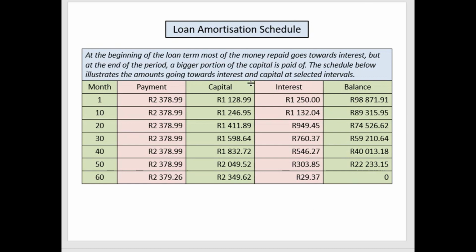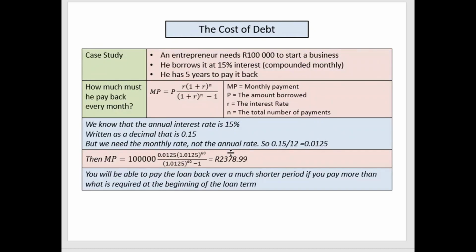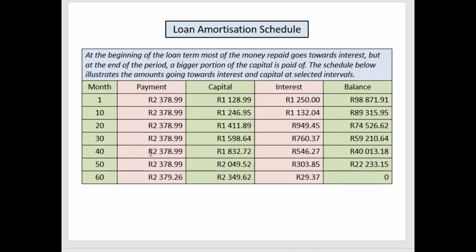So, but here is what's happening when you make a loan. At the beginning of the loan term, most of the money repaid goes to interest, but at the end of the period, a bigger portion of capital is paid off. Okay. So here is how it now works at certain intervals. So in month 1, now remember what we did in the previous slide, we calculated the repayment. So now that we know the repayment, we can just put it into the loan amortization schedule.